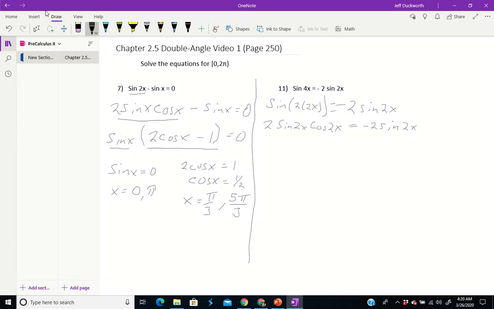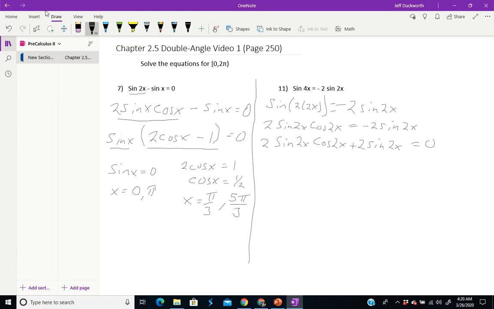And now I'm in a similar situation to where I was in the first problem. So if I add 2 sine of 2x to each side, I get 2 sine 2x cosine of 2x plus 2 sine of 2x, and that equals 0.